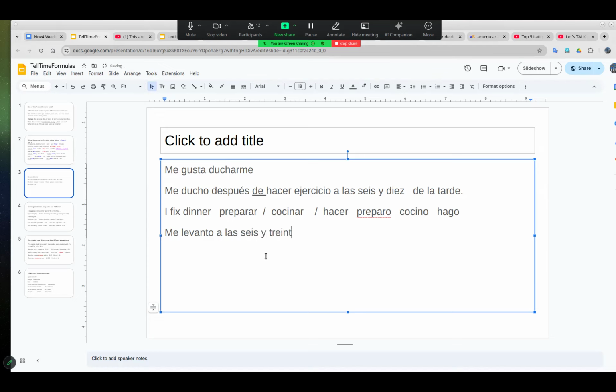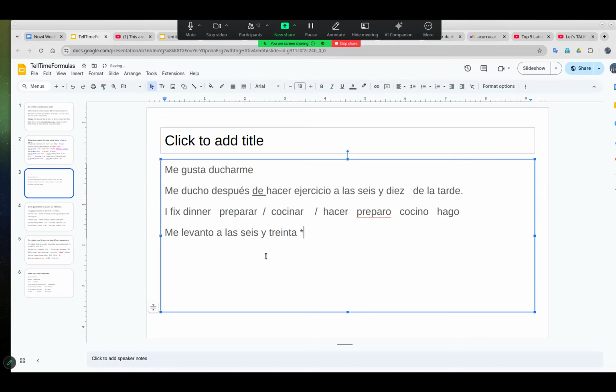Y 30. A las 6:30. Me levanto a las 6:30. The me levanto needs to hang together. And then the next thing that needs to hang together, because all these words group together for this idea, is a las 6:30.